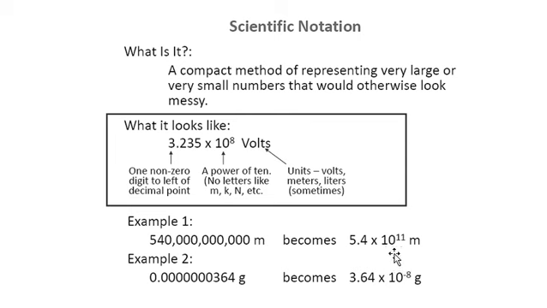So now we're going to change this into scientific notation. You count all the zeros. So that's 11 of them, and then you're going to place the decimal point right after the first digit. So the first digit is 5. We're going to place the decimal, followed by everything else, and get rid of all the zeros.